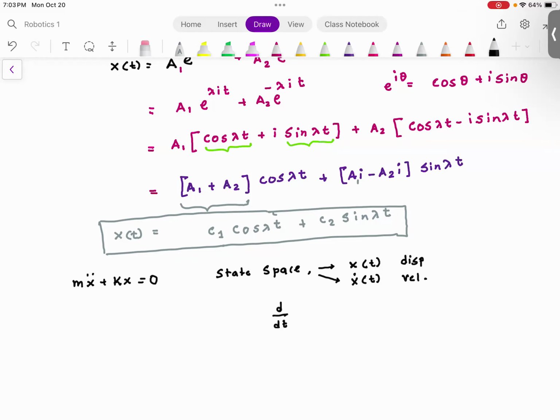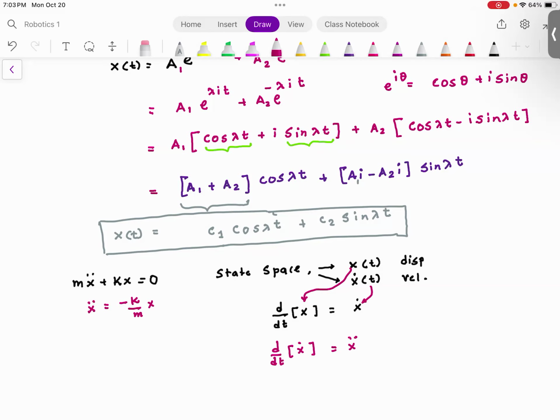d by dt of x is equal to x dot. So this is x and this is x dot. Do you agree with me? d by dt of x dot is x double dot. Do you agree with me? x double dot is nothing but minus k by m times x.